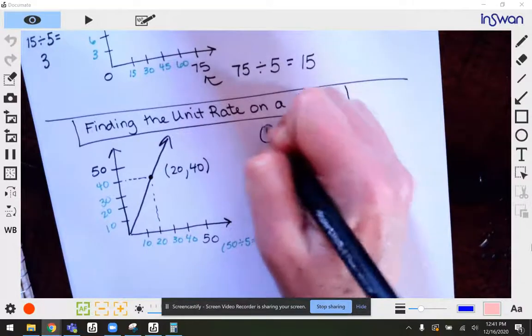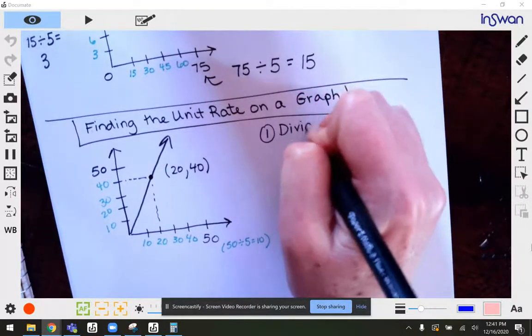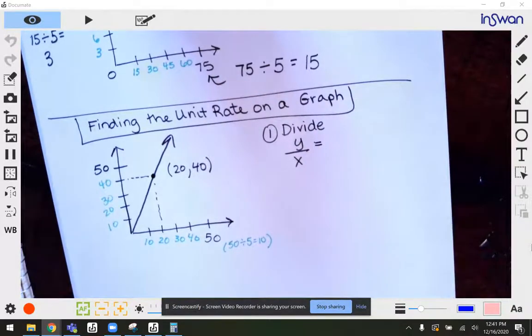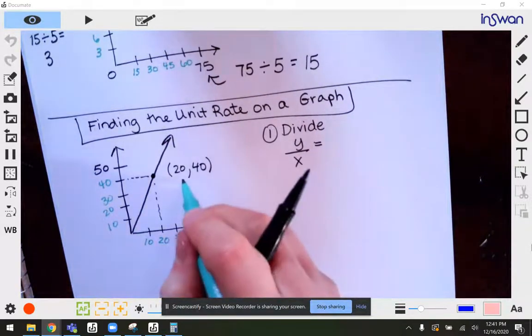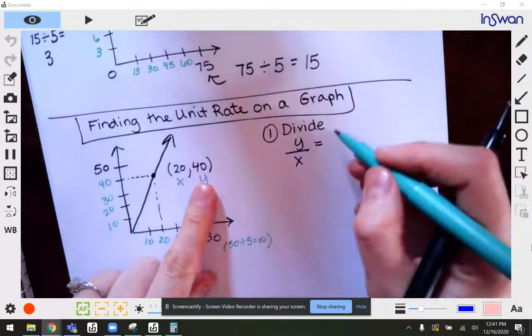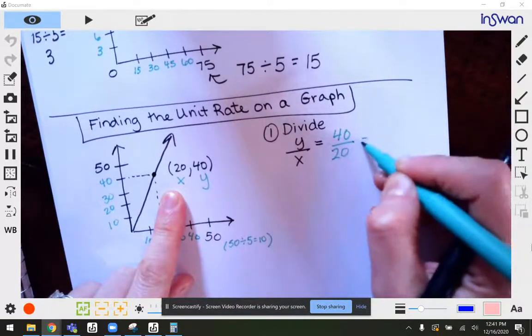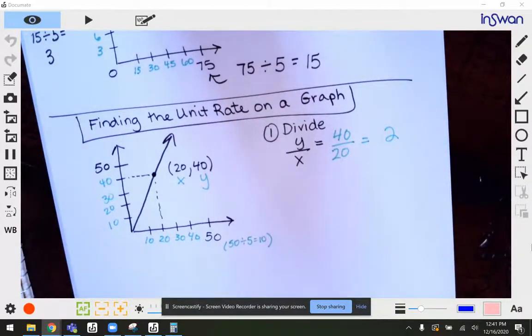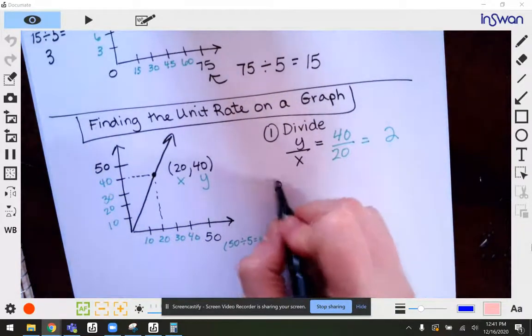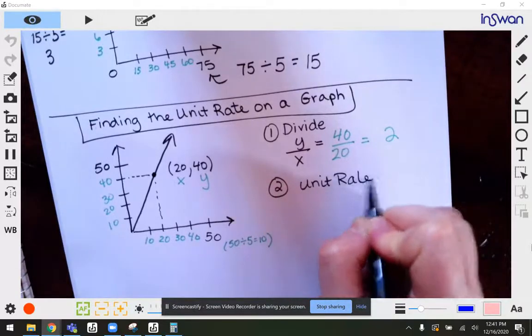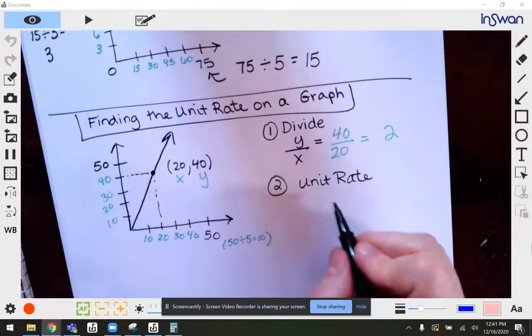So the first step is going to be to divide y by x. So in our example, this is x and this is y, right? So 40 divided by 20 gives me 2. Okay, so the unit rate, remember we talked about unit rate, we said it had a denominator of 1.